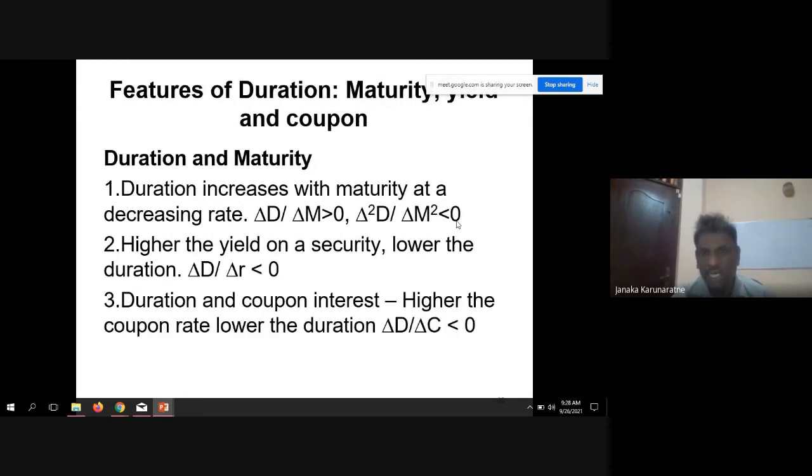Now, why are these things important? These are important elements when you want to manage your interest rate risk and identify the right products. When you want to identify the right product to manage your interest rate risk, these concepts are important. If you want to get a longer duration instrument, you should always go for what sort of a yield?